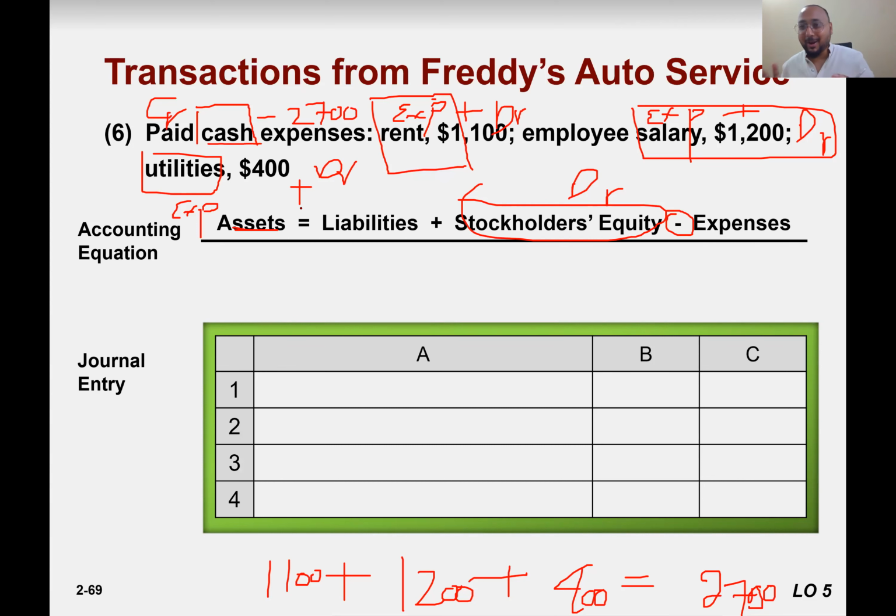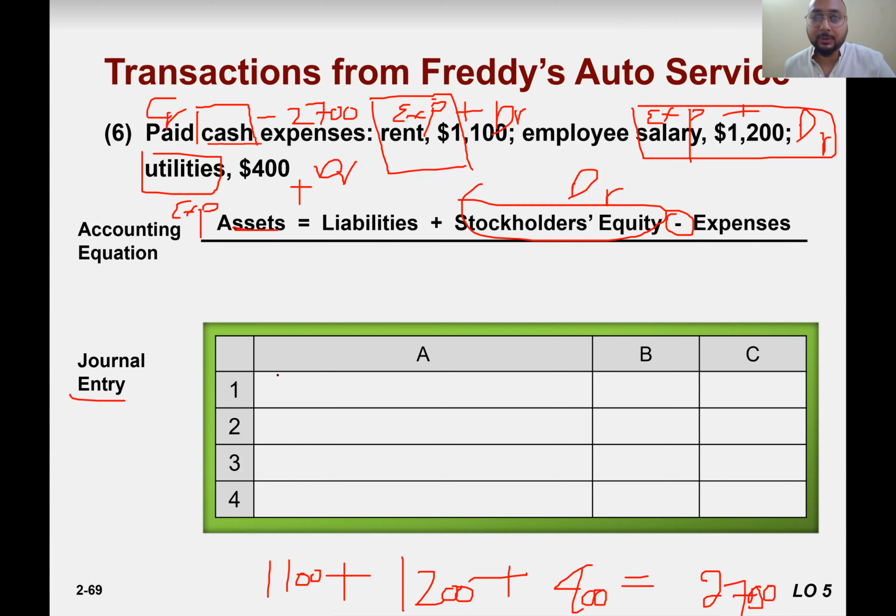Now, how do you say the entry? That is the question here. How do you make the journal entry? First, you write down the debits.